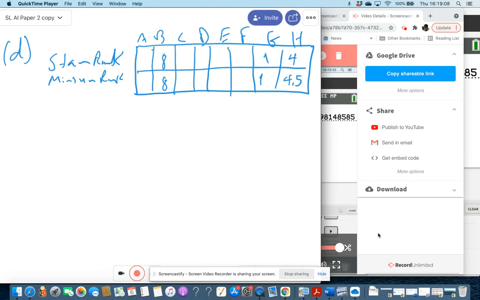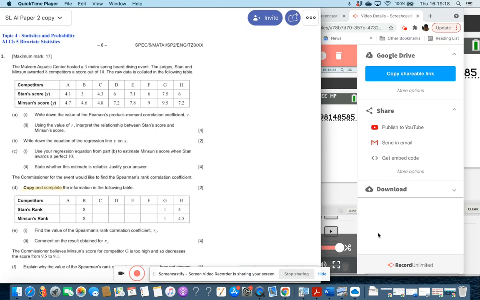And then we had some more ranks that were given to us by the exam. This 4.5 is interesting because what happened was Min Sun gave a couple of tie scores here. So we count down from number 1 for Min Sun, which is 9.5. Number 2 was 9. Number 3 was actually 7.8.